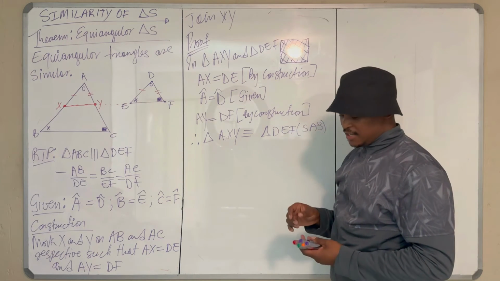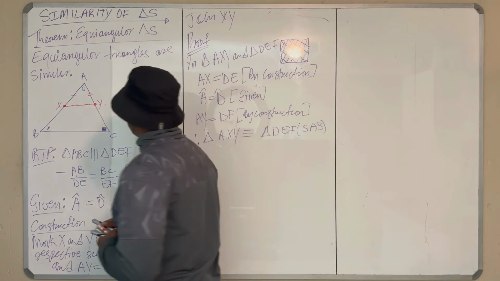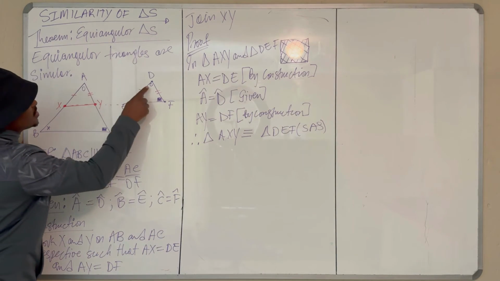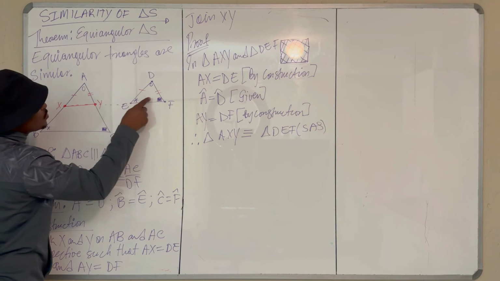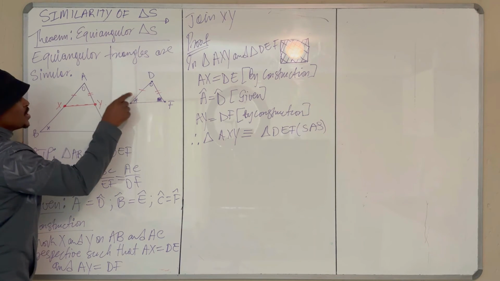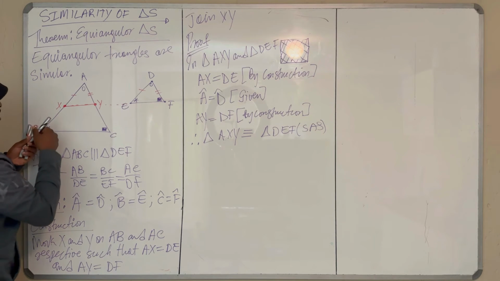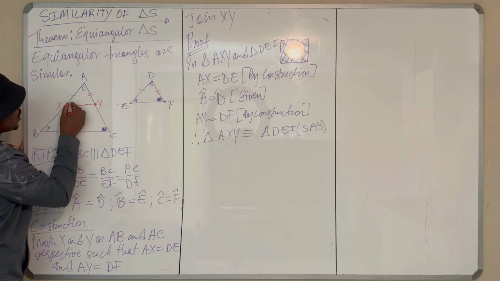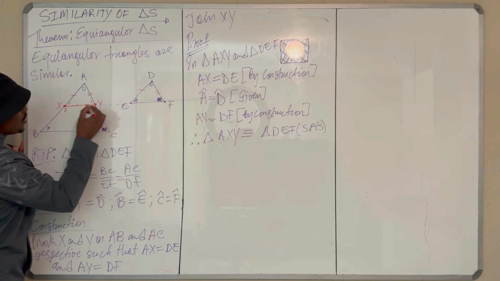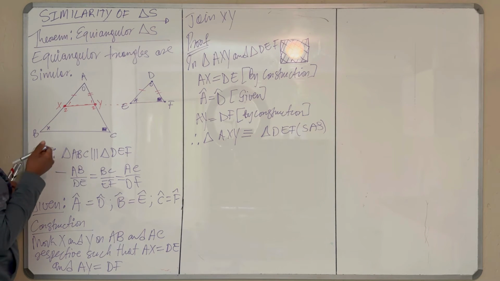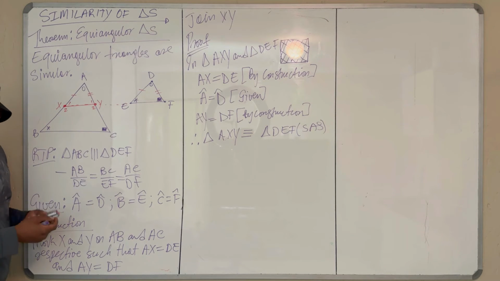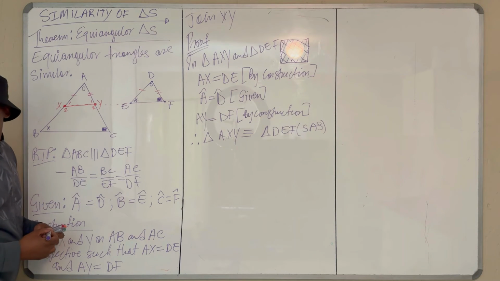So if these two are identical, this angle here is equal to this angle, this side is equal to the side, this side is equal to the side, this angle here is equal to that angle there, and this angle here is equal to that angle over there. So let's say this angle here is x1, x2, y1, maybe y2, I don't know. This angle as well should be equal to that, because it's the same position in the same triangle.